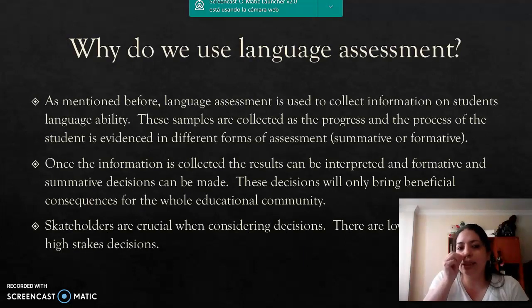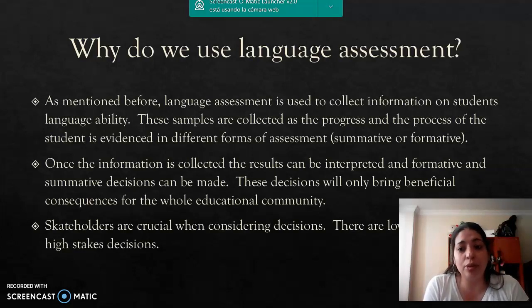The next question is, why do we use language assessment? As mentioned before, language assessment is used to collect information on students' language ability. These samples are collected as the progress and the process of the student is evidenced in different forms of assessment, like I mentioned before, summative or formative. Once the information is collected, the results can be interpreted, and formative and summative decisions can be made.